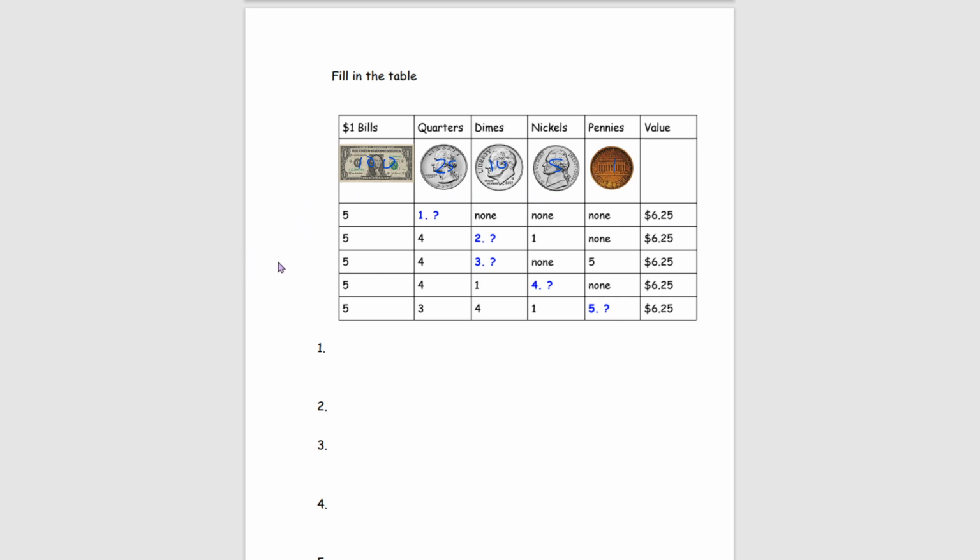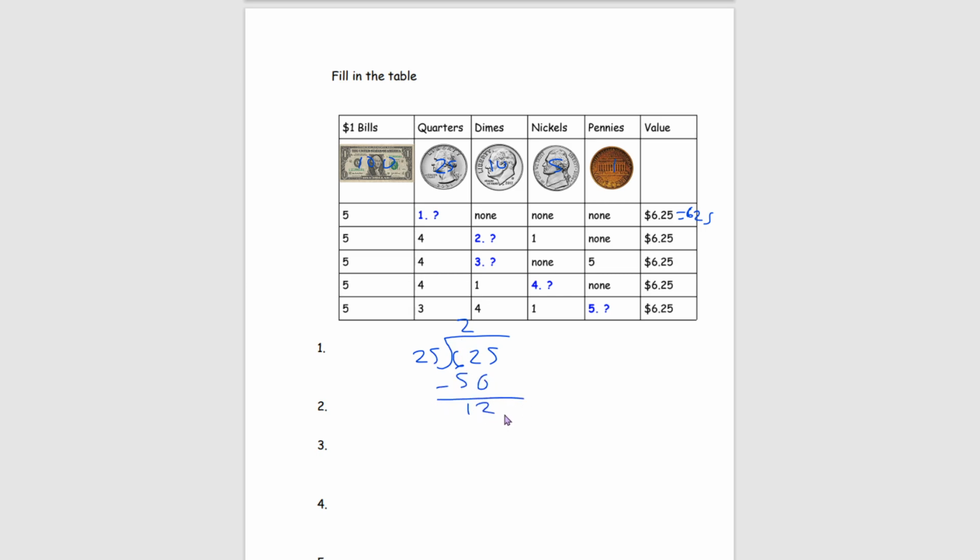A way we can do this is $6.25 is equal to 625 cents, and we know that each quarter is 25. So for number 1, we're going to do 625 divided by 25. 25 goes into 62 2 times, so we do 25 times 2 and get 50.